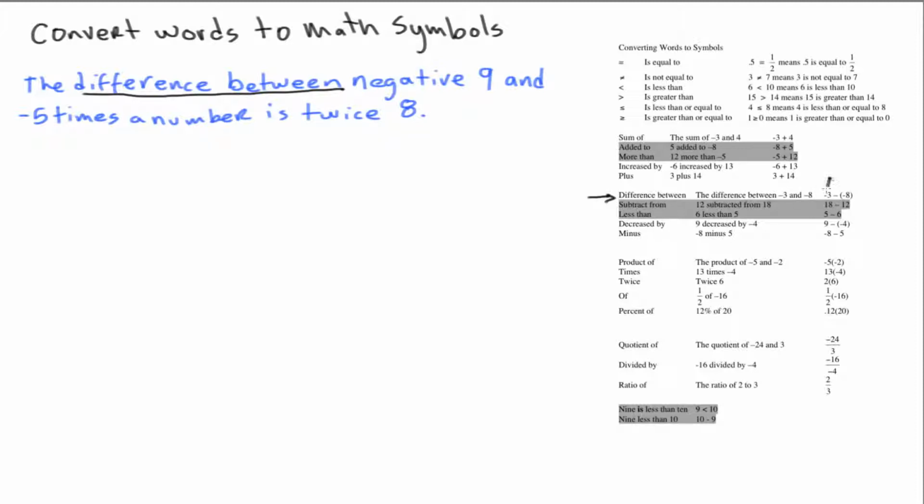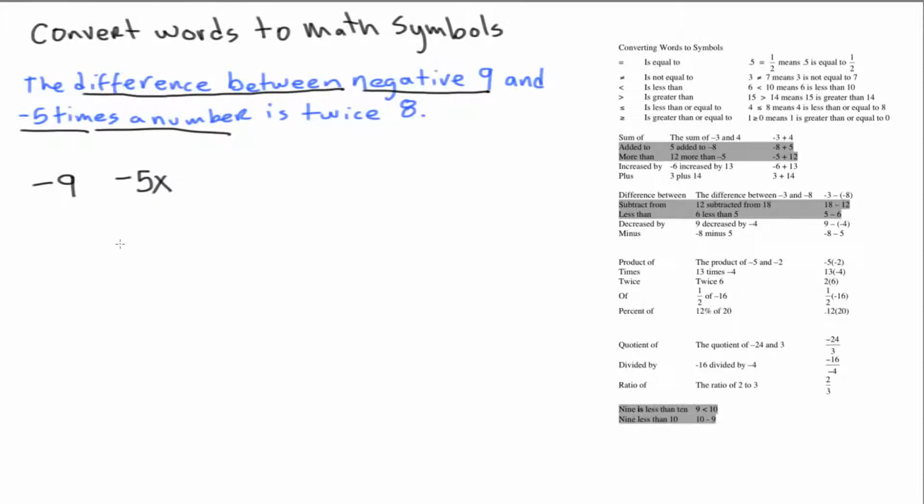You'll note that -3 is first, then -8, and then there's a subtraction in between. So here we go. The difference between -9. So it's going to be -9, even though the 9 doesn't have the negative written, we know it's going to be -9. And -5 times a number.